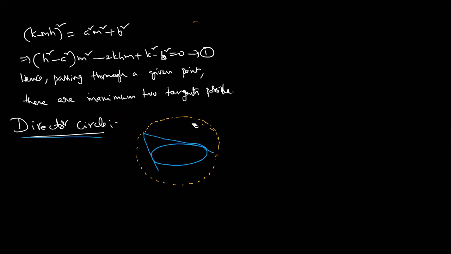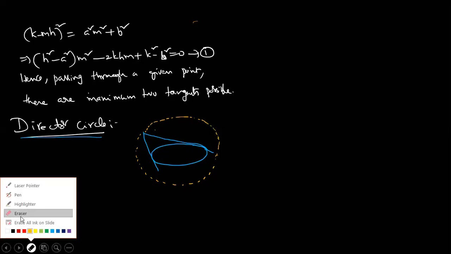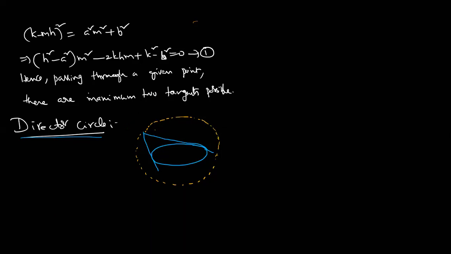Just a minute, I'm drawing the picture properly. This is the point h comma k. Suppose, dear student, this angle I'm taking as theta, for example. So what should theta be? It should be 90 degrees. So where is it possible, see? Now we can determine the locus of the point of intersection of these two tangents.